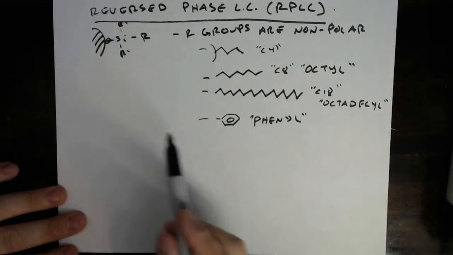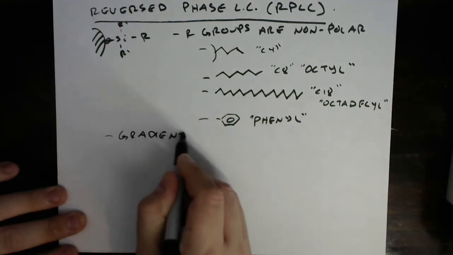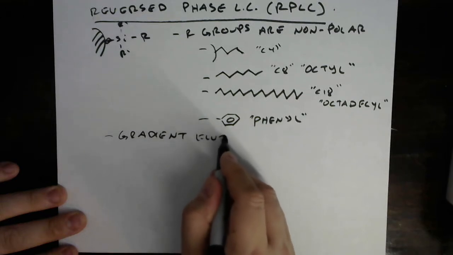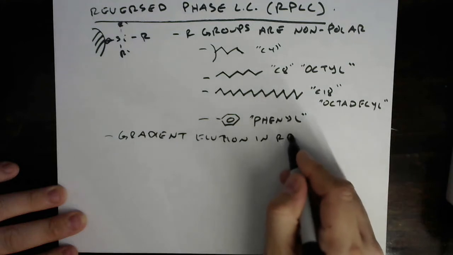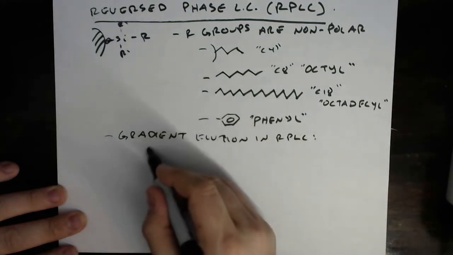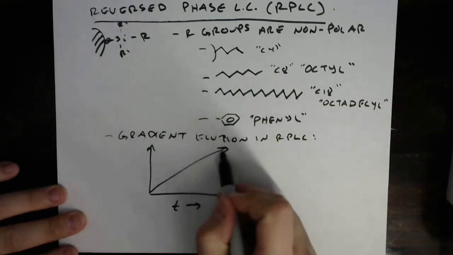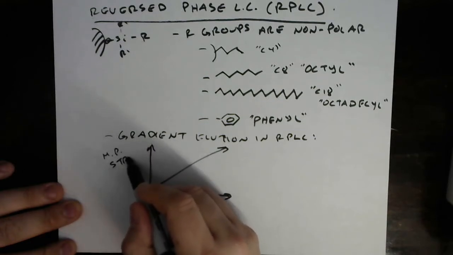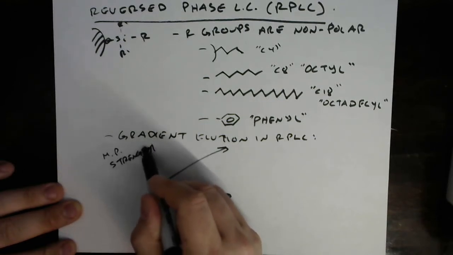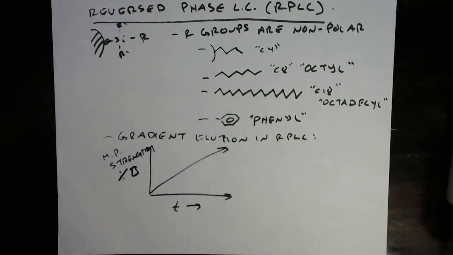Let's talk about strength of the mobile phase. We'll do this again by considering gradient elution in RPLC. When we do that, we think about a change in mobile phase strength over time. We generally talk about that in terms of percent solvent B. Make sure that looks like a B for you guys.